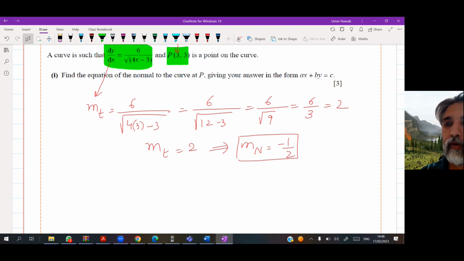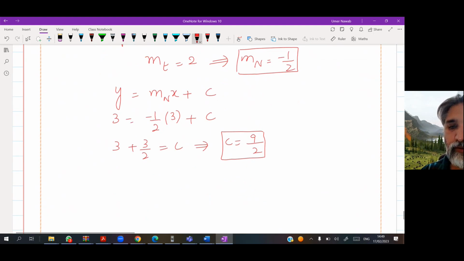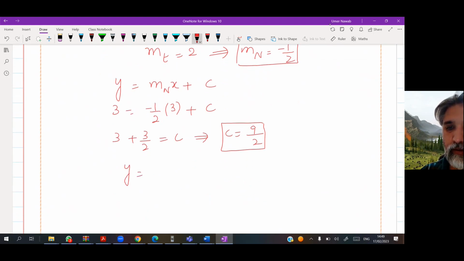I want to find the equation of a normal line. y equals mx plus c, with m equal to minus 1 over 2. The x coordinate is 3, given to us, point P. So 3 plus 3 over 2 is equal to c, which gives 9 over 2. I'm going to get y equals minus 1 over 2 x plus 9 over 2.